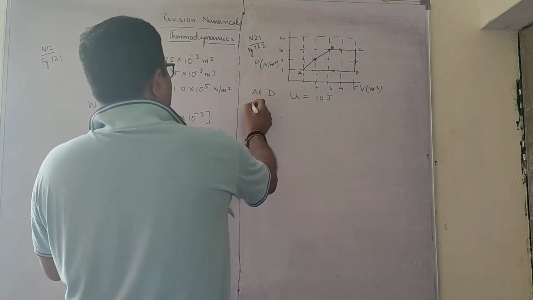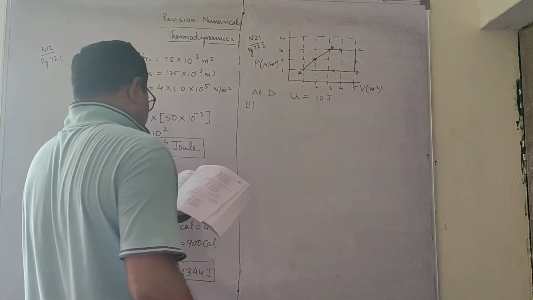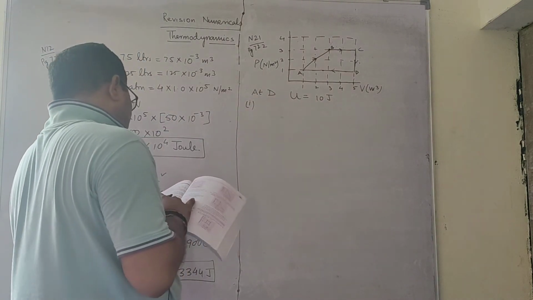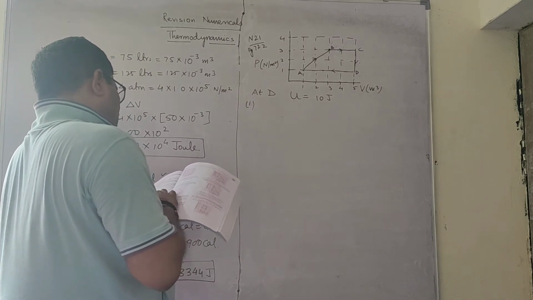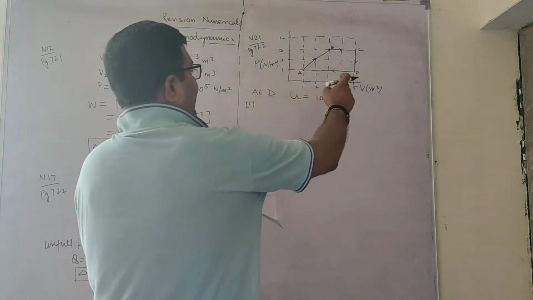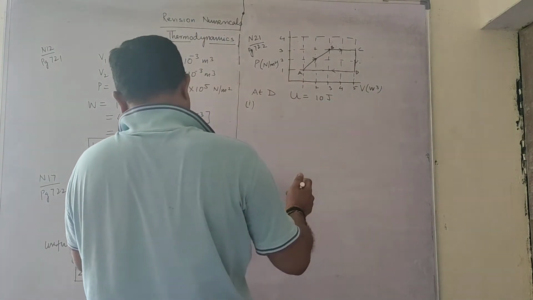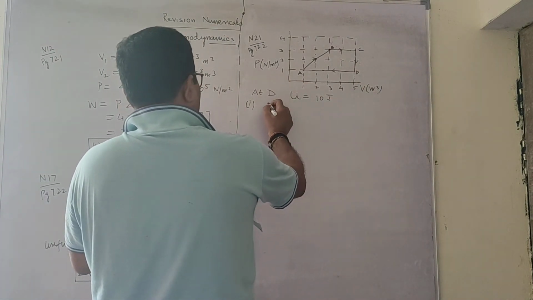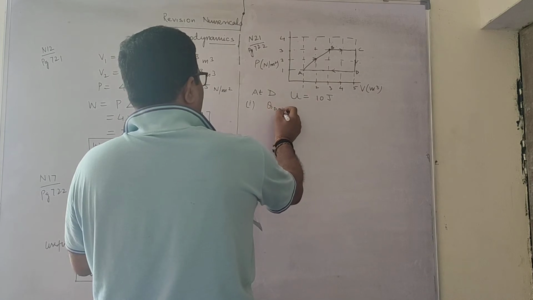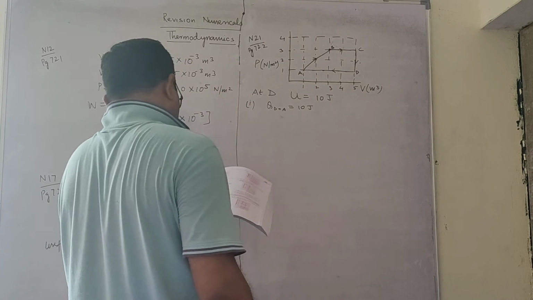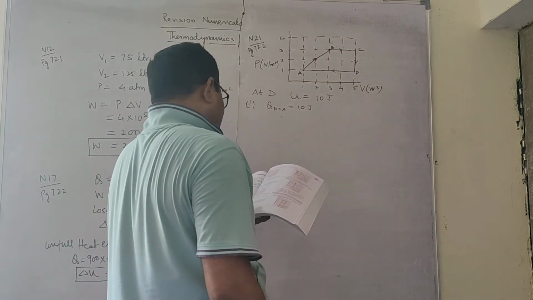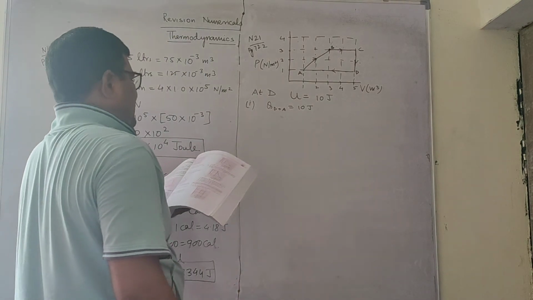Find, now the first part, if 10 joule of heat is given to the system to bring it from state D to A, along D to A, Q given is 10 joule. Then what is the internal energy of the system in state A?